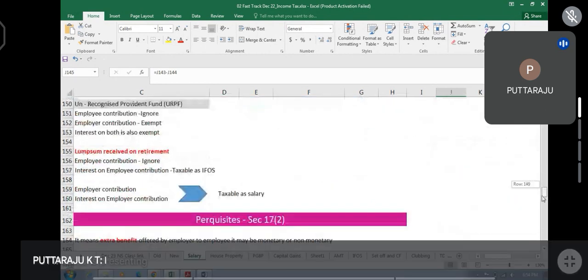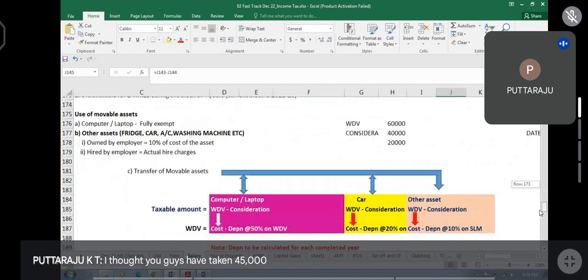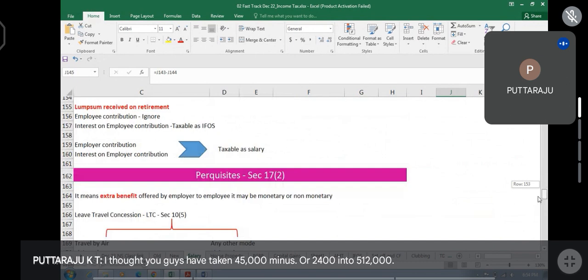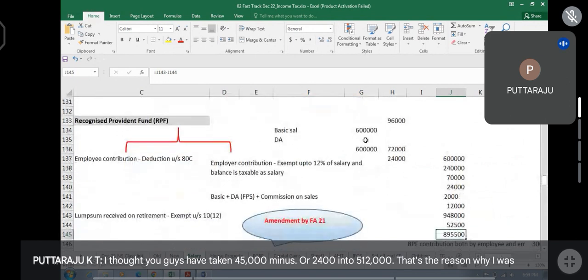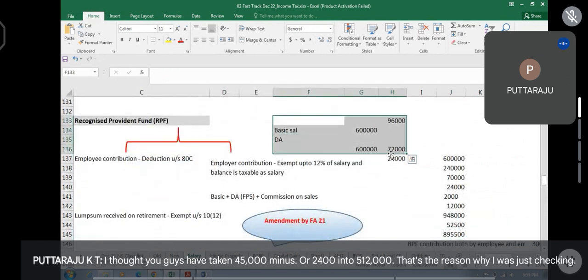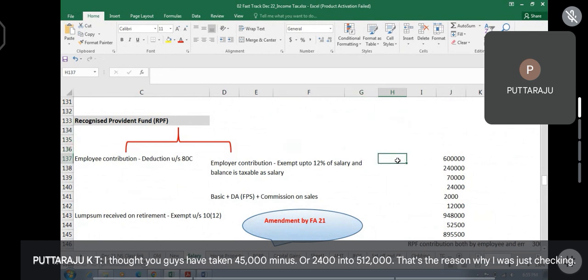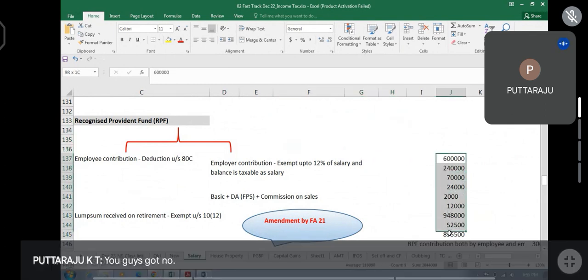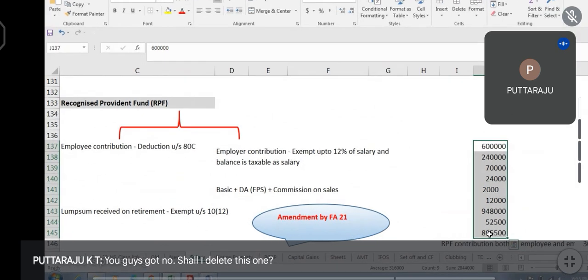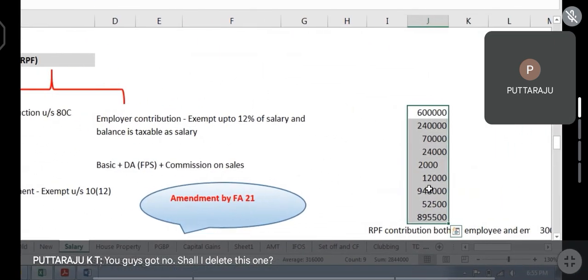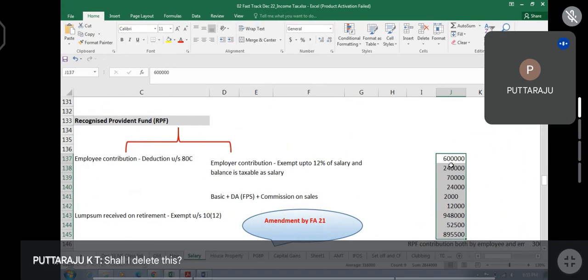I thought you guys have taken 45,000 minus 2,400 into 12,000. That's the reason why I was just checking. You guys got, no? Shall I delete this one? Shall I delete this? Yes, sir. Okay.